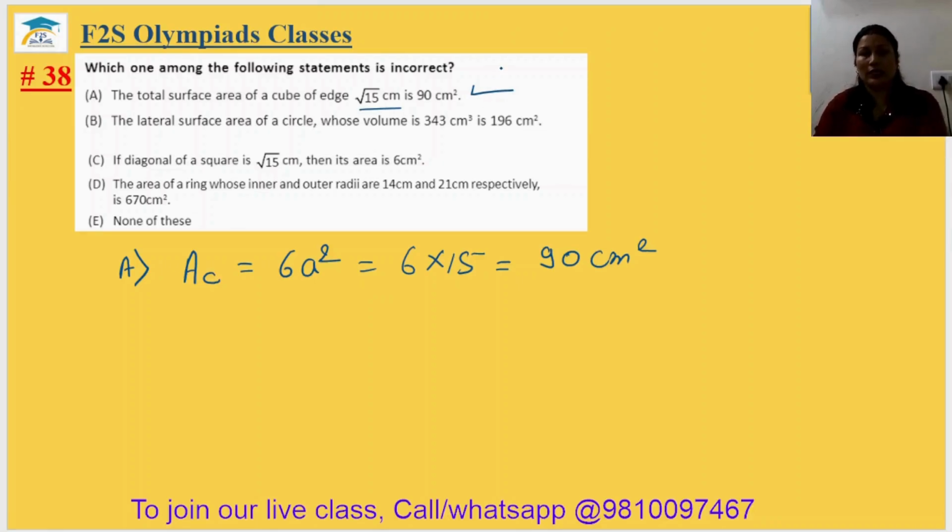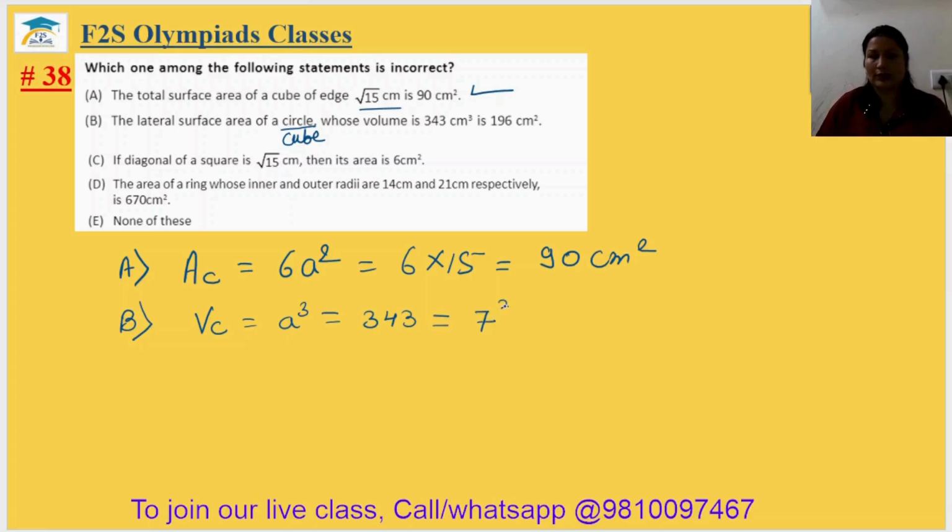Come to option B. The lateral surface area of a circle whose volume is this meter cube is given. And I think here circle is a misprint, it should be cube. Lateral surface area we have to find. Volume of a cube is A cube, that is 343, and we can write 343 as 7 cube.